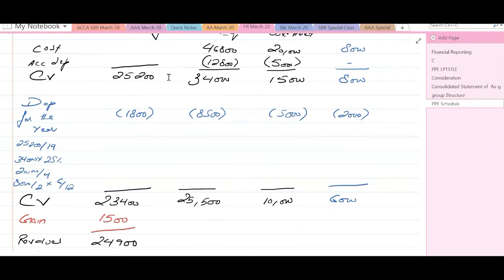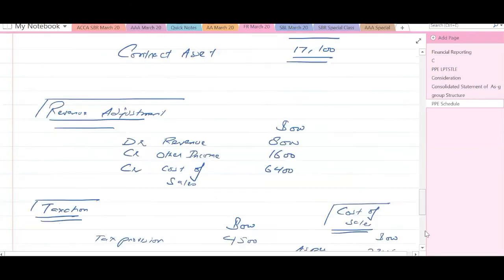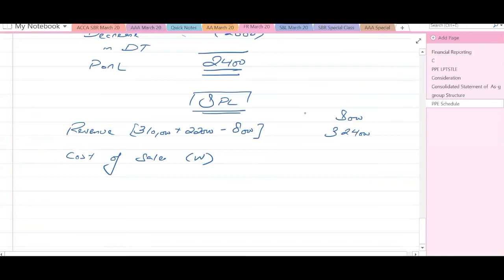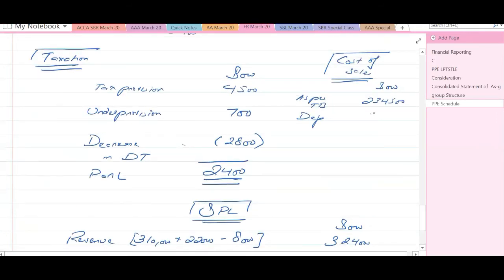It's 15,300. So we are allocating it, so that means positive.